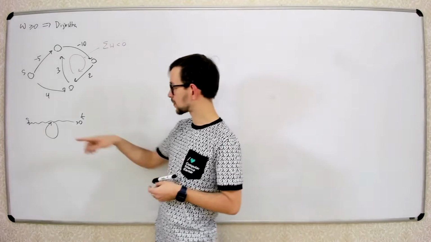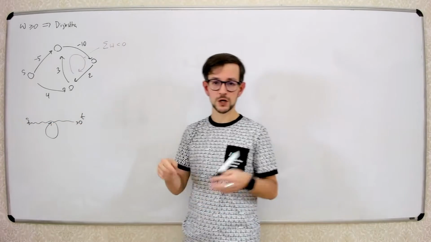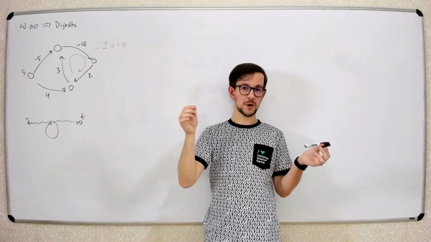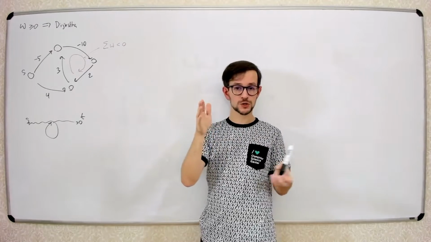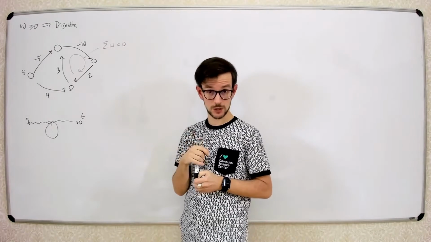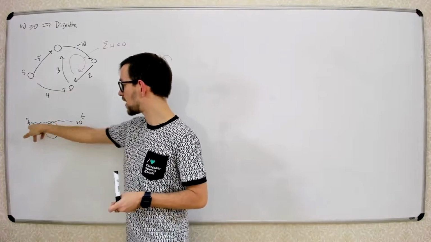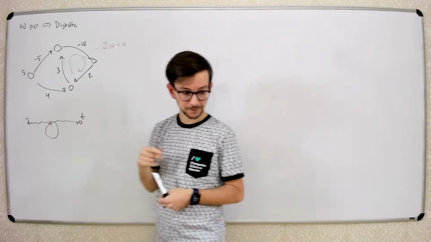Maybe if we just forbid using cycles. So let's say we want to find the shortest simple path, and we just forbid using the same vertex twice. Let's say we want to find the shortest path from S to T which doesn't contain any cycles.